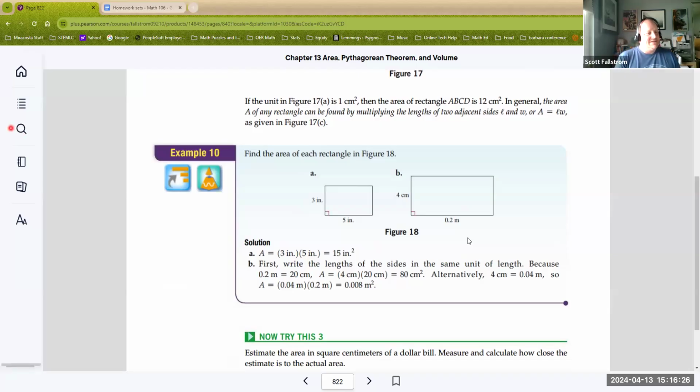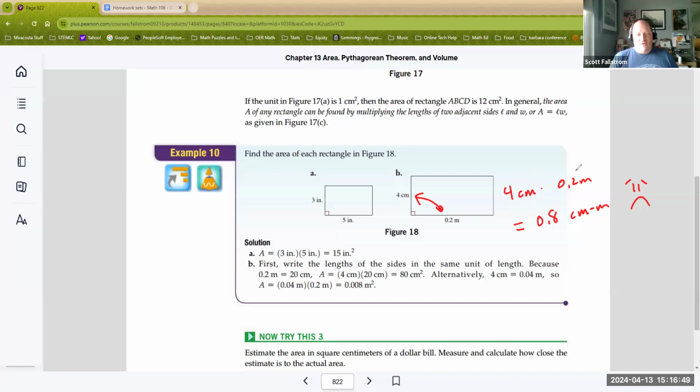There technically is nothing wrong with multiplying these together and saying 4 centimeters times 0.2 meters is equal to 0.8 centimeter meters. There's nothing wrong with that. However, the rest of the world would cry because it's not a square unit and we prefer square units.